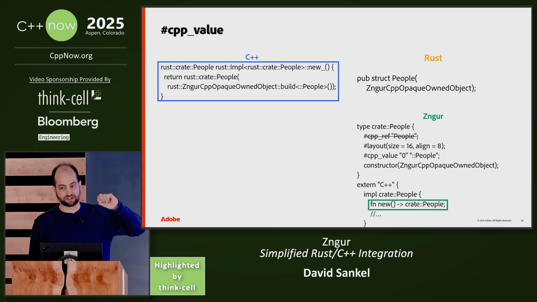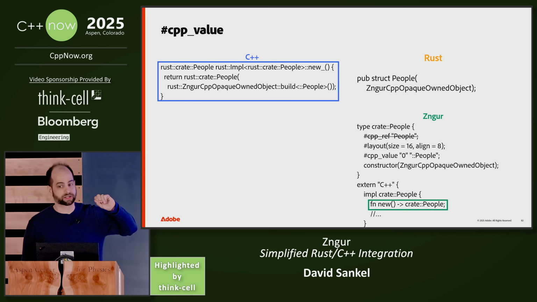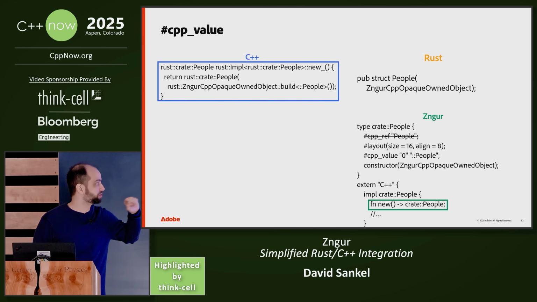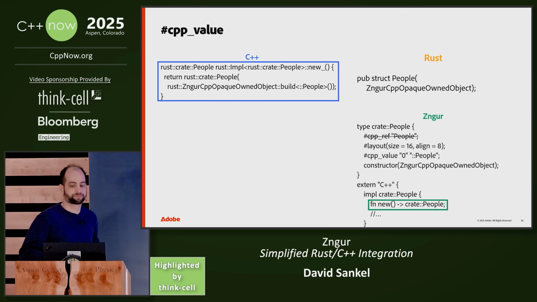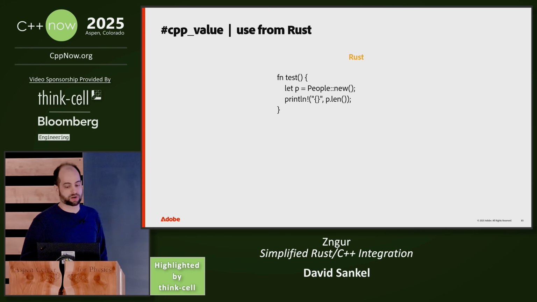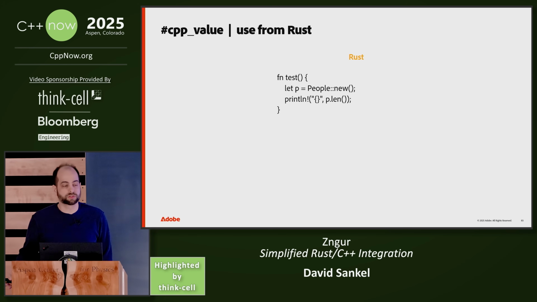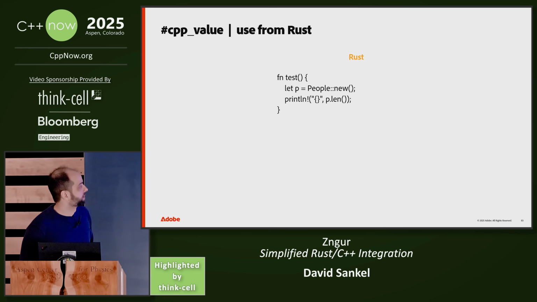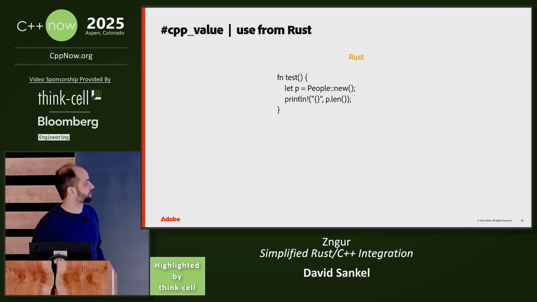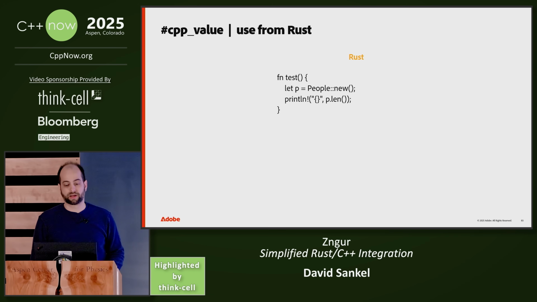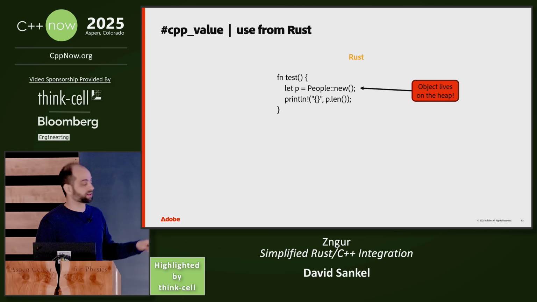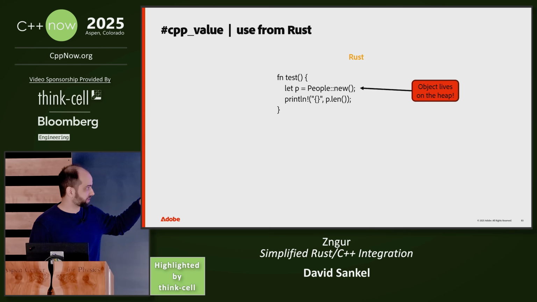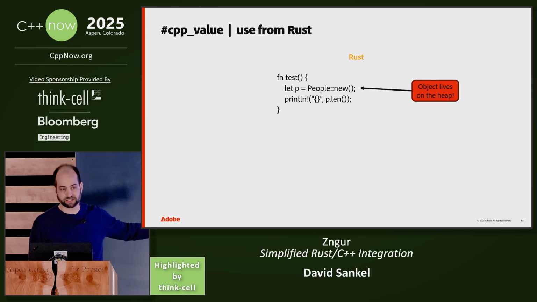And this is dynamically allocating it, right? So there's really a new happening when that build function is being called. So on the Rust side, you can use it like a Rust object at this point. And you won't really be able to tell the difference. So you can say let p equal people new, you can call p.len. But the one thing to keep in mind if you're doing this is that this object, the C++ object, is living in the heap somewhere.